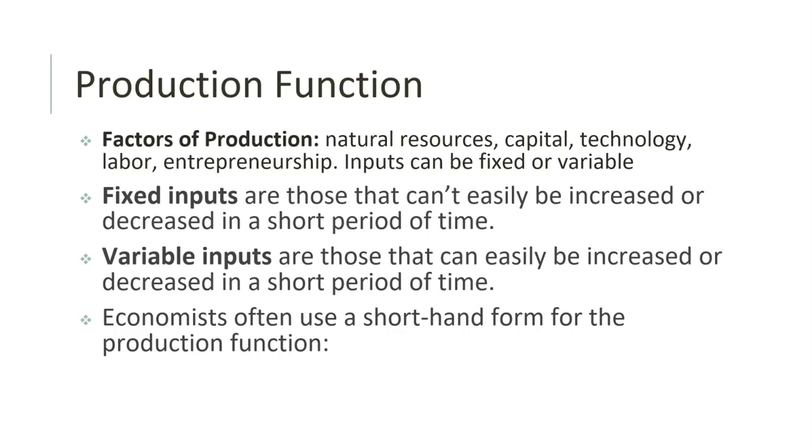And economists often use a shorthand for the production function where quantity is a function of labor and capital. K means capital, because C, we already use for a whole bunch of other stuff in economics. So we're just going to use K for capital. So why are there only two inputs here? Why is it just labor and capital? If you want, you can go check out your book.